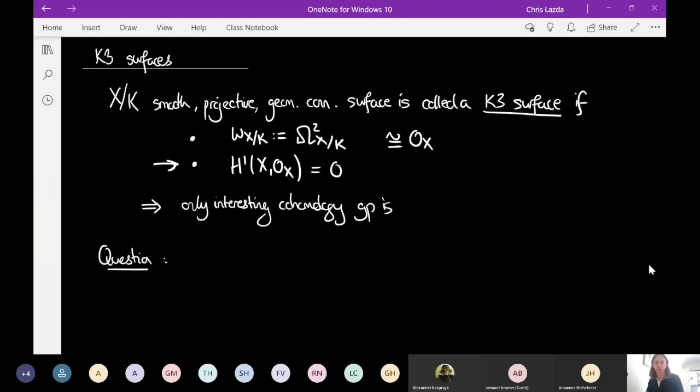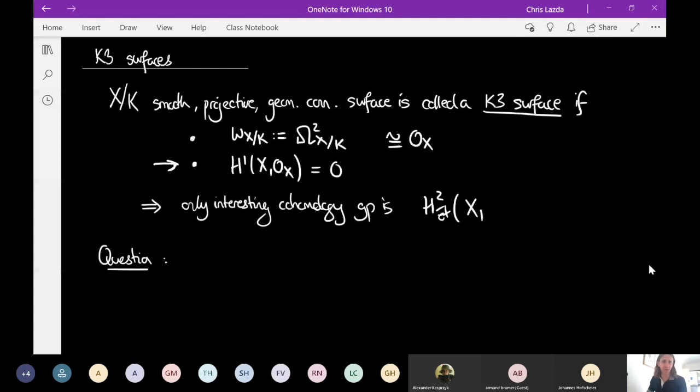And so again, by Poincare duality and the fact that we're in dimension 2, we see that the only interesting cohomology group is H2. So H0 and H4 are fairly simple to understand.